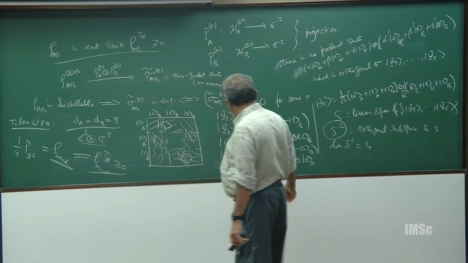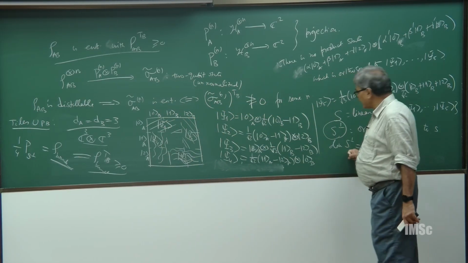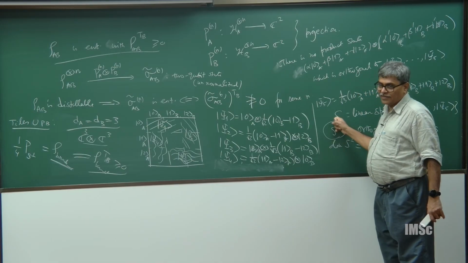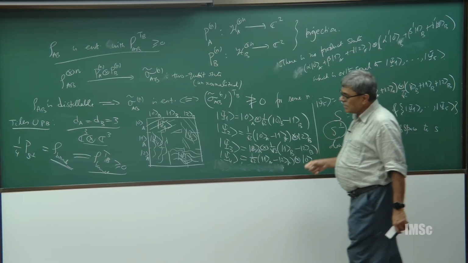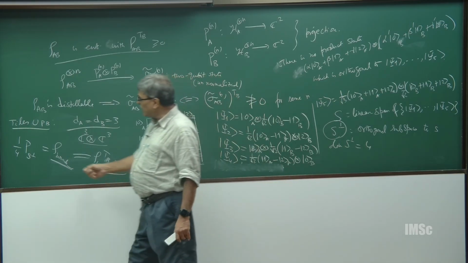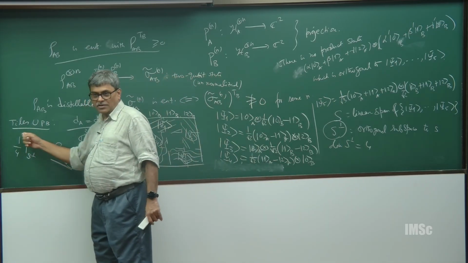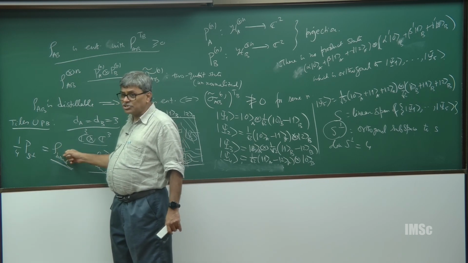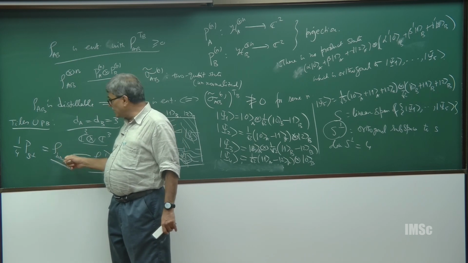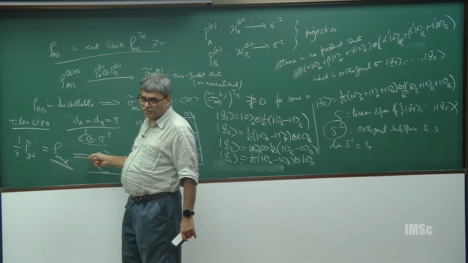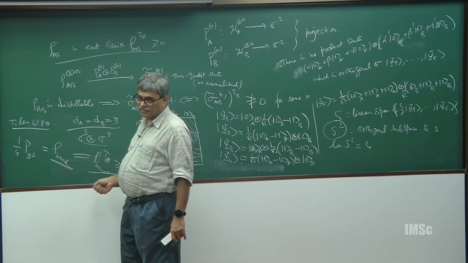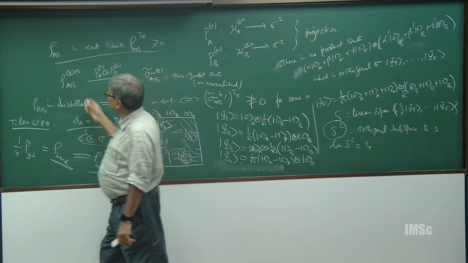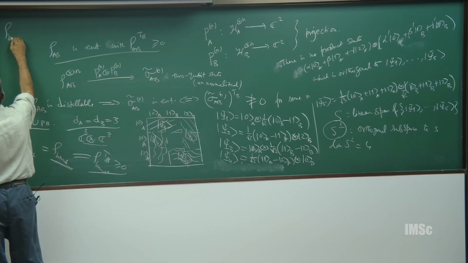So, I take the projection on this 4 dimensional subspace which is orthogonal to S, okay, and then I multiply it by 1 by 4 to make it a density matrix, which I call rho bound. Now, if I take the partial transposition of rho bound, you will see that it is the same as itself. Why? Because what is rho bound?